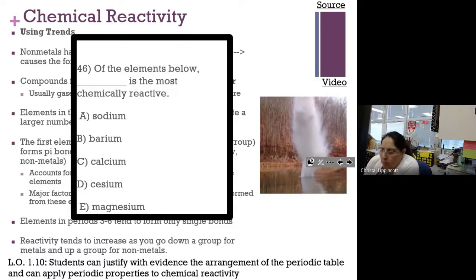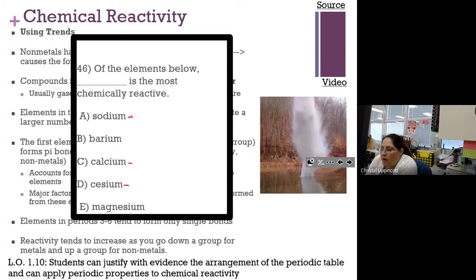Okay, so we have the different elements here. We want to know which one's more chemically reactive. We know that sodium and those things in column 1 are more reactive than the things in column 2, because if the things in column 1 give away 1 electron, they're going to have the electron configuration of a previous noble gas.